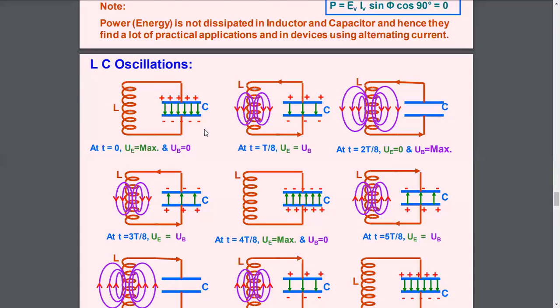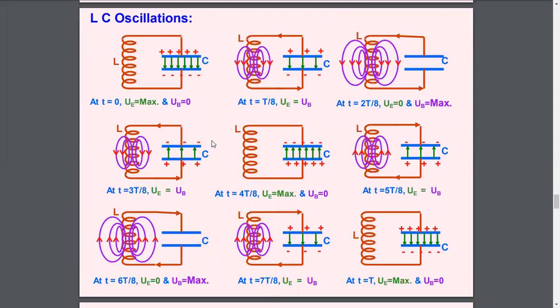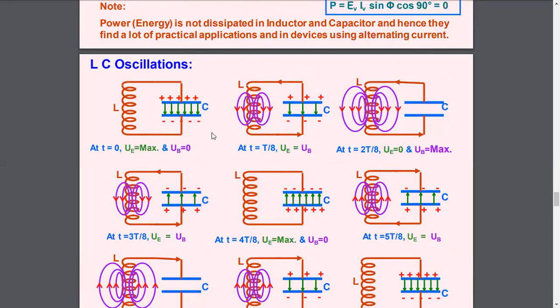So here the impedance in the LC circuit is purely frequency dependent, and at some instant its impedance could be zero. At that instant the circuit is said to be in a resonant state, oscillating with the resonance frequency, and the value of the resonant frequency will be equal to 1 upon root under L into C.